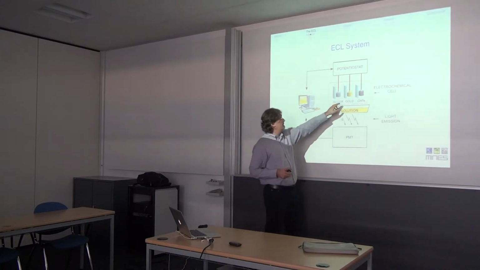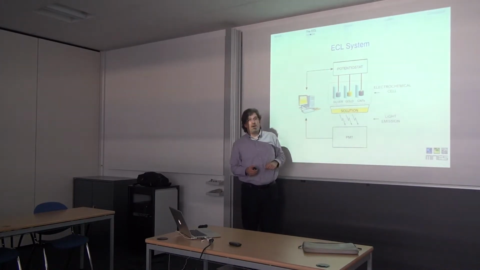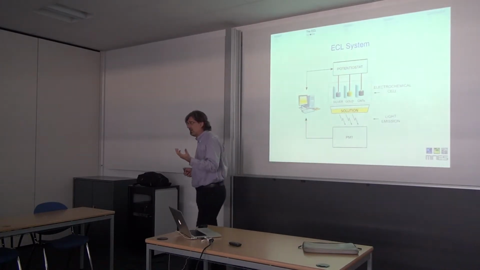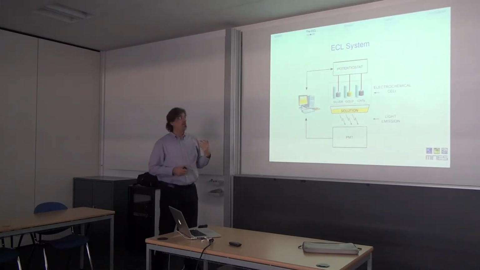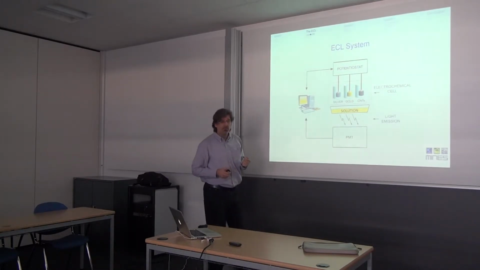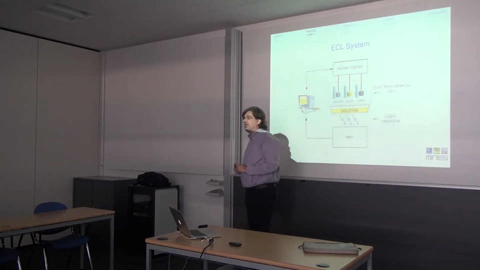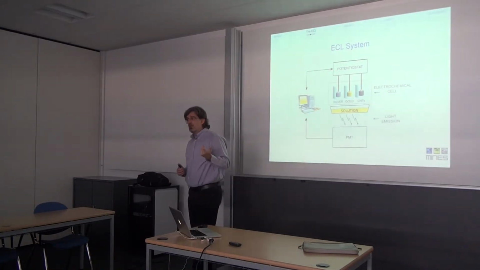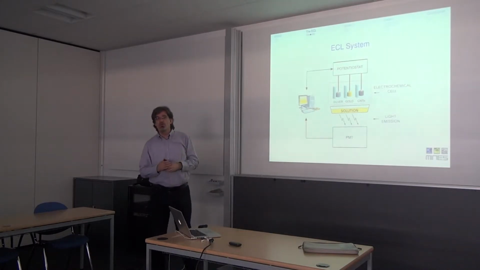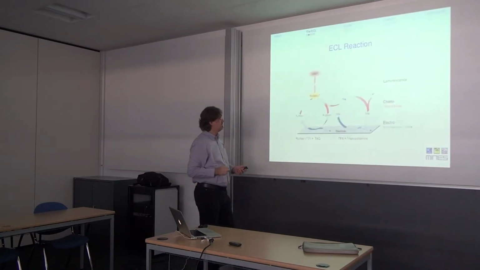Now after, this is what is named a counter electrode you need. The counter electrode, we made it in gold. And then you have the third one, the working electrode, that is the electrode on which you have the reaction I show you here.